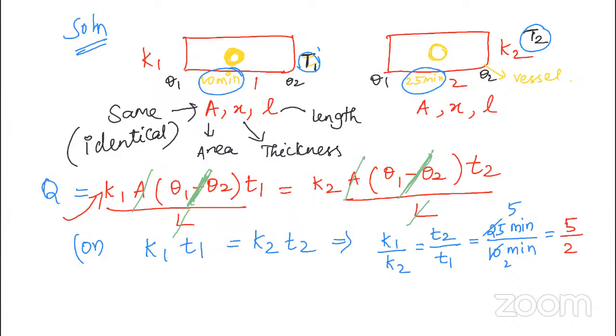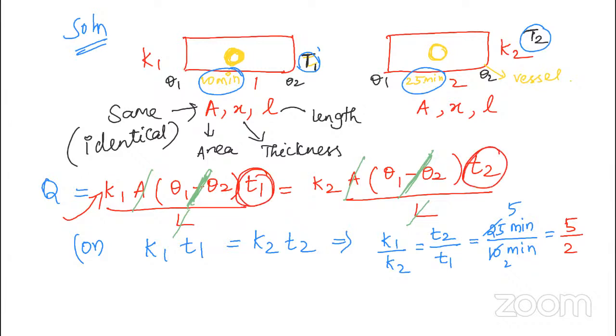We are taking two vessels, and they are not the same type of material; they are different types of material. So the time taken for the ice to melt will vary. To mention that change in time we have T1 and T2.